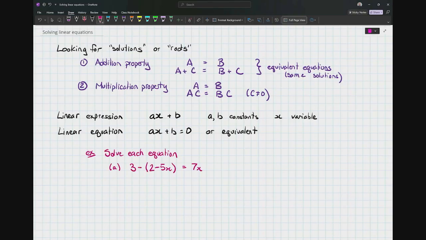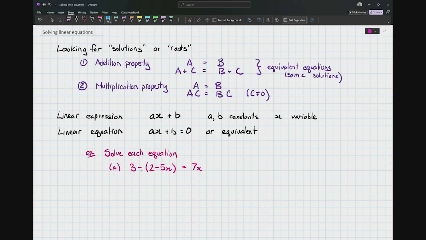Starting us off, we're looking to solve an equation, so we want to figure out what those roots or solutions are. We need to find out what x is so that both sides of the equation here are equal to each other. Now, it might look a little bit linear because right now you don't see any powers on x and nothing else beyond simple addition, subtraction, and some coefficients.